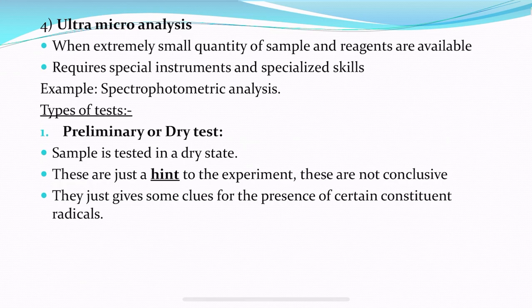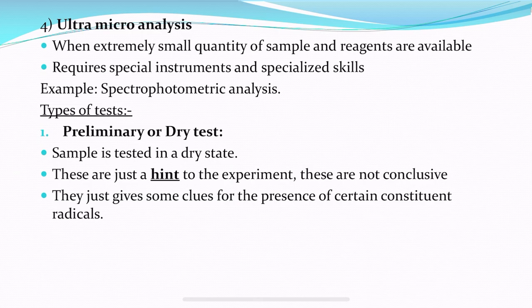So this is not a conclusive test. These preliminary tests are not conclusive, they are just a hint to the experiment. They will give some important information regarding the sample, and they will simplify things for us, giving clues and hints for the further course of analysis.